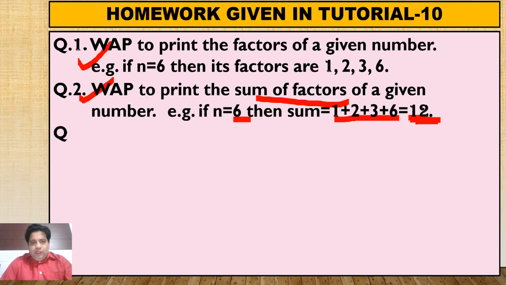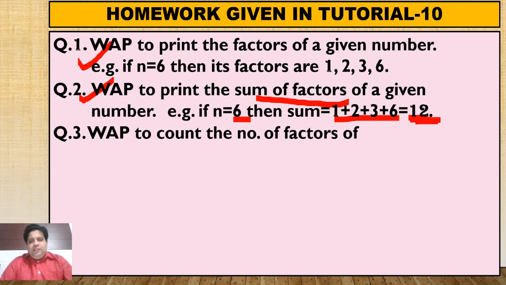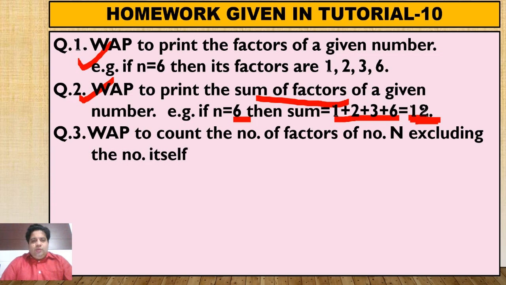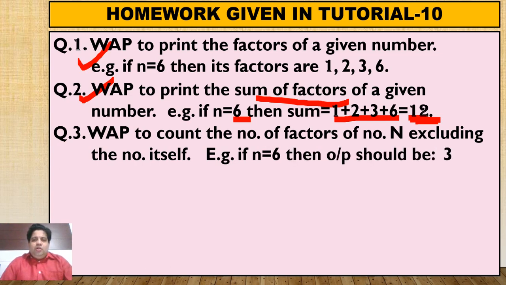So next program. Write a program to count the number of factors of number n, excluding the number itself. Now see, again this program is also based on similar logic.